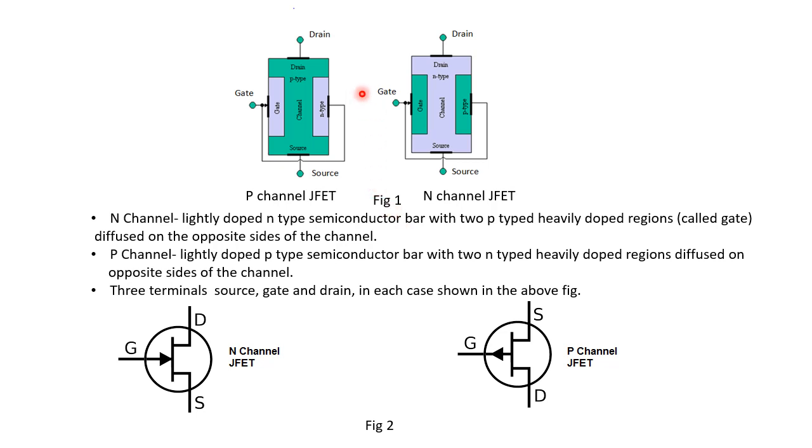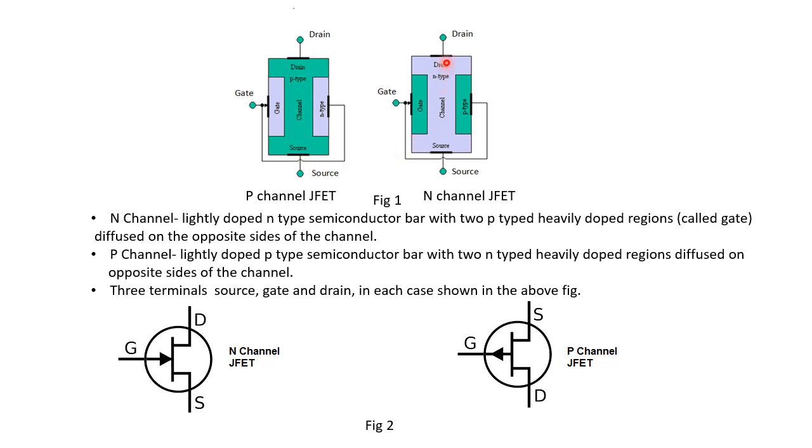In this figure, the construction of field effect transistor is shown. There are two types of JFET. This is the P-channel JFET and this is the N-channel JFET. If we are considering the P-channel FET, then the channel is made of P-type semiconductor and it is very lightly doped.